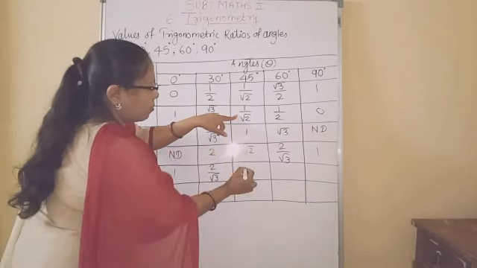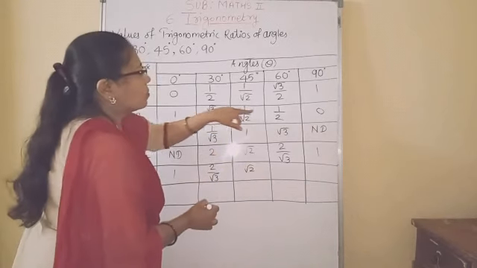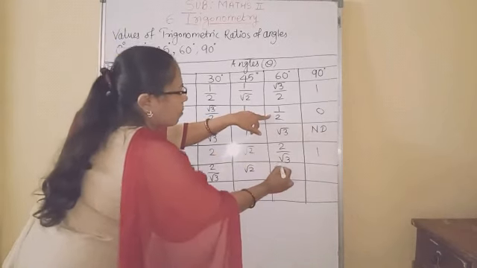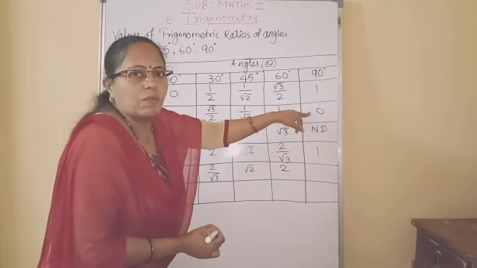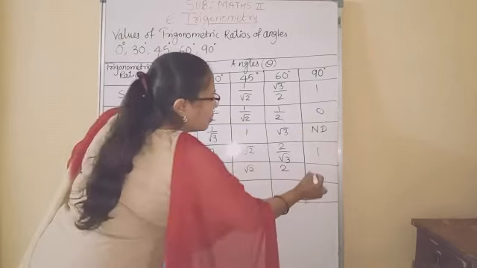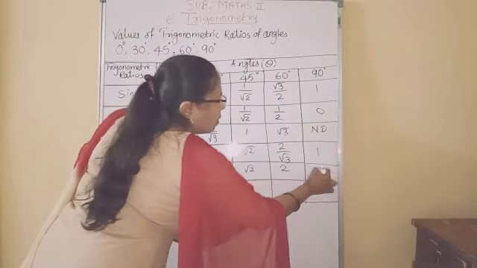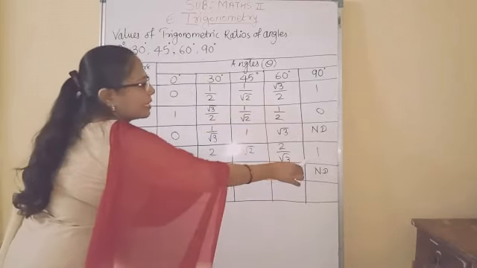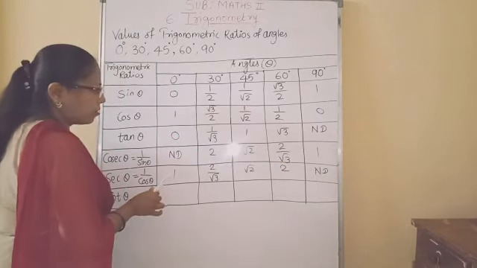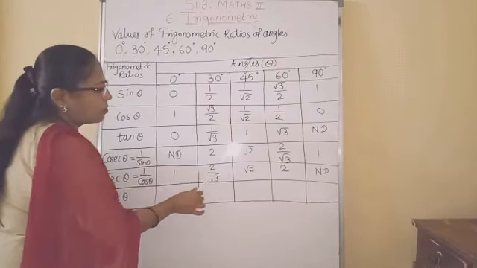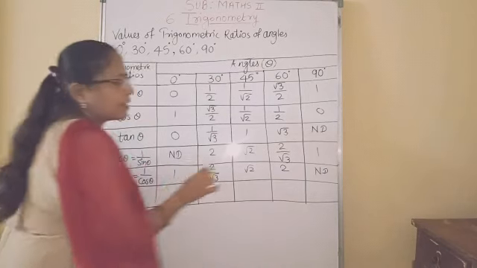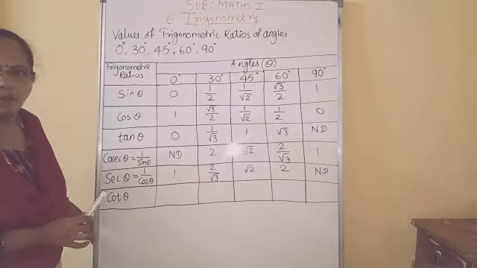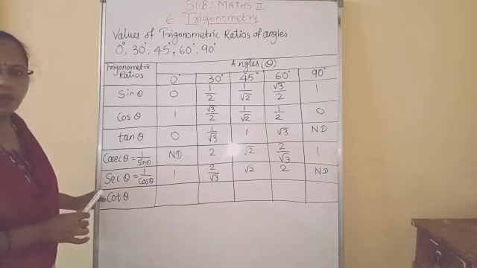Reciprocal of 1 upon root 2 is root 2. Reciprocal of 1 upon 2 is 2. And reciprocal of 0, 1 upon 0, that is not defined. Or simply you can see that this line we have to write in reverse order: 1, 2 upon root 3, root 2, 2, not defined. Simple technique.